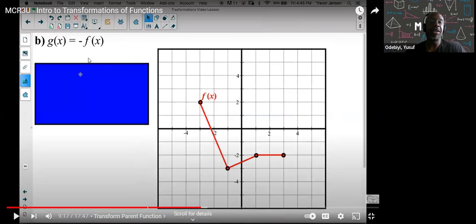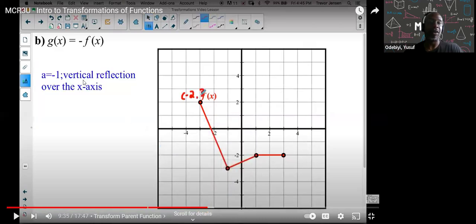Okay, here's another example. This is my function here, and now I have a negative. My A is negative. That means all I'm doing is flipping it upside down about the x-axis. I'm reflecting it. A vertical reflection over the x-axis. That's all you're doing.